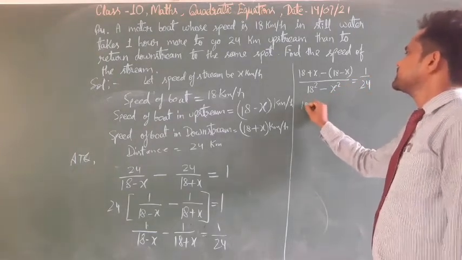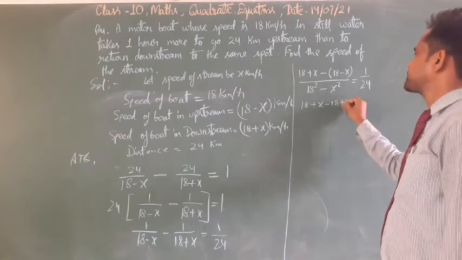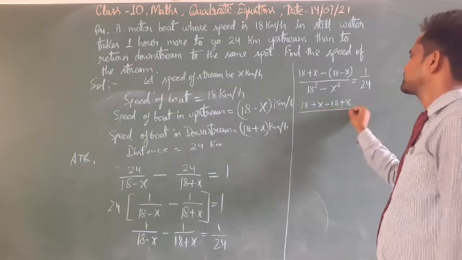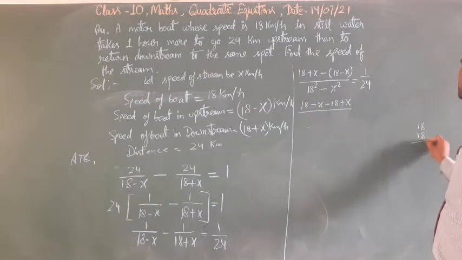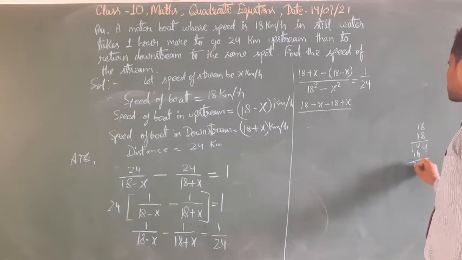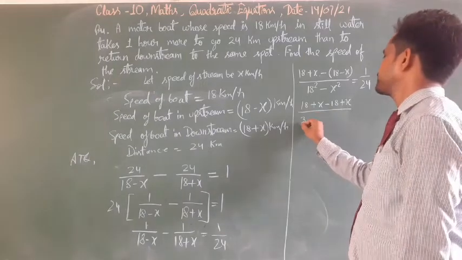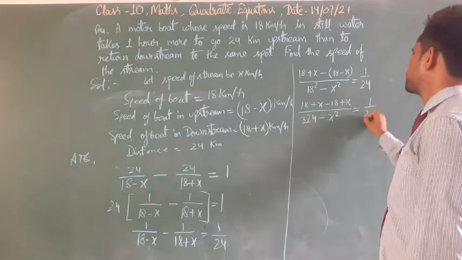Now 18 plus x minus 18 plus x, 18 into 18 is 324 minus x square is equal to 1 upon 24.